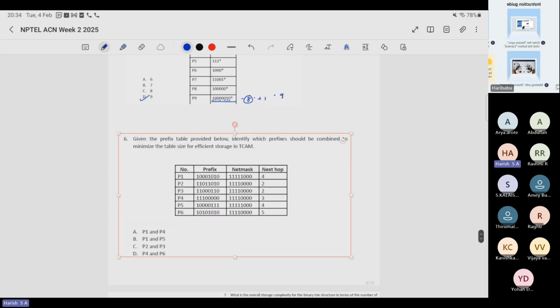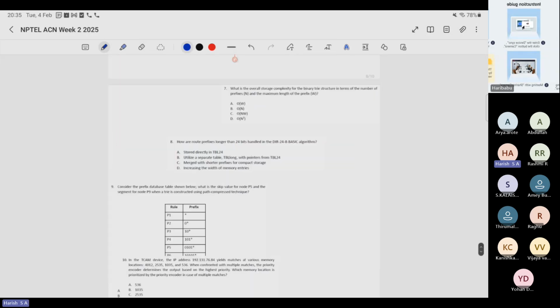Given the prefix table provided below, identify which prefixes should be combined to minimize the size of the table for efficient storage in TCAM. Wonderful. Okay, so I think this will probably challenge you a little bit more, because most of you asked a lot of questions on this one. So let's solve this.